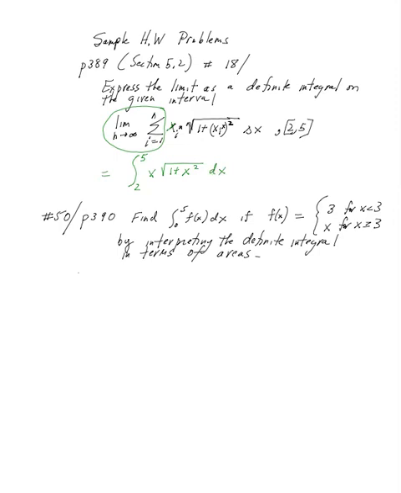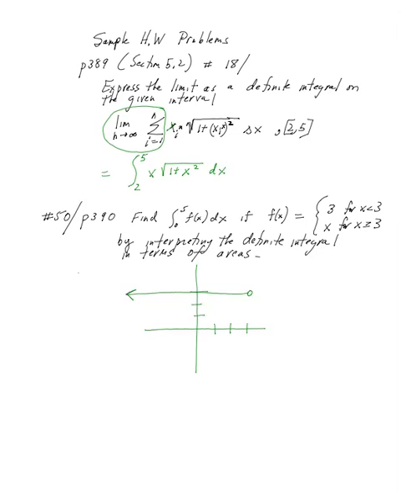Our given function f of x is 3 if x is less than 3. So if x is less than 3, the height of the graph is 3. I've graphed f of x equals 3 for x less than 3. And f of x is x for x greater than or equal to 3.